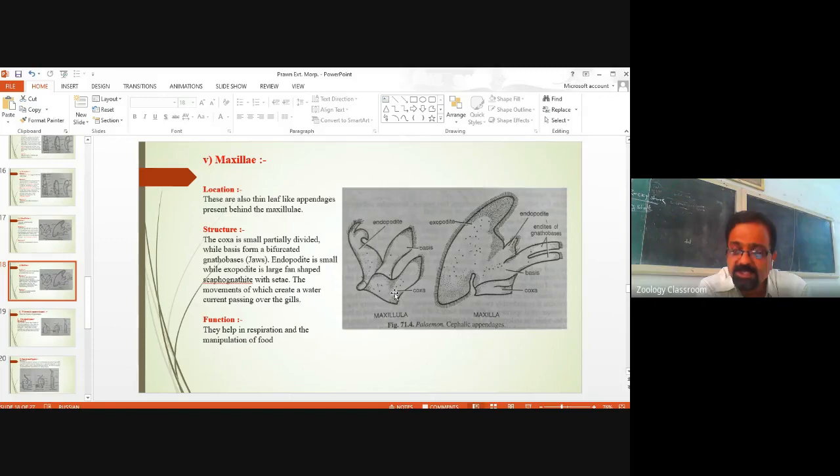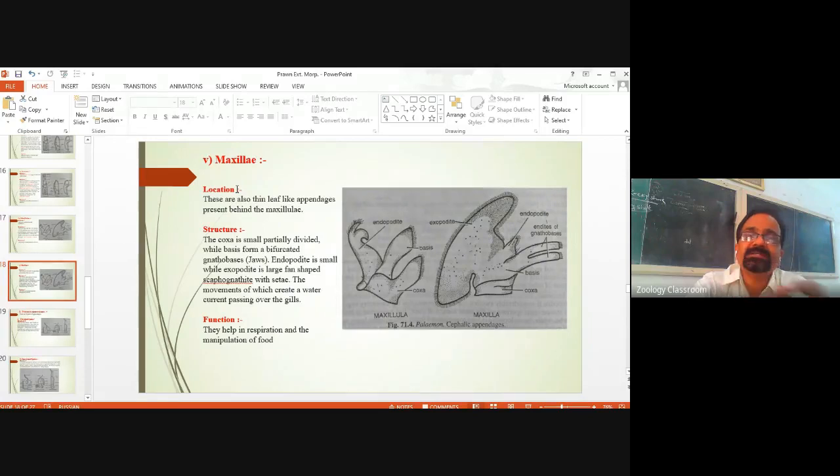Maxilluli comes first, then comes the maxilla. Likewise, here antennules comes first, then comes the antenna. Okay. So maxilla is the fifth appendage.